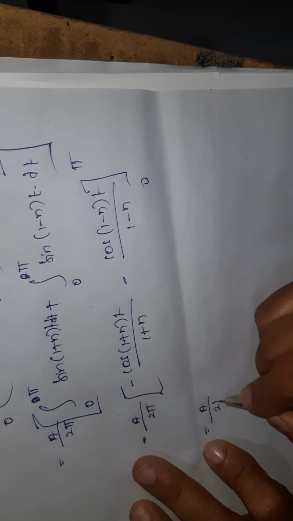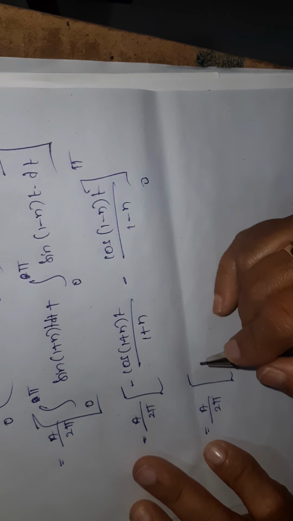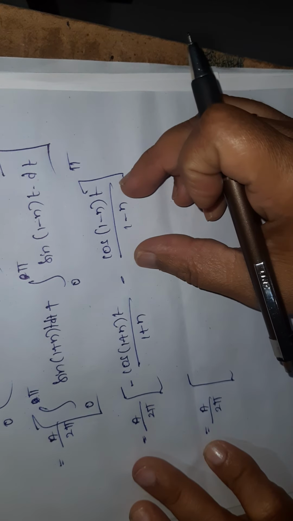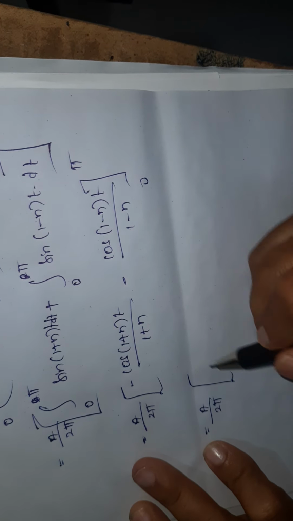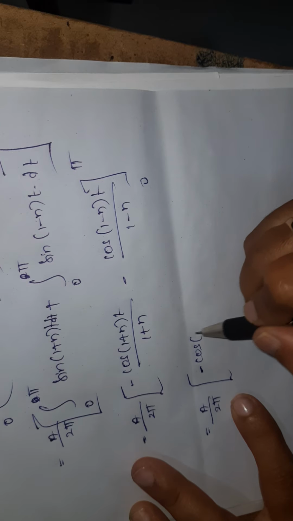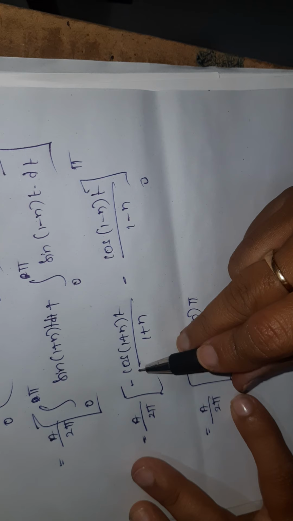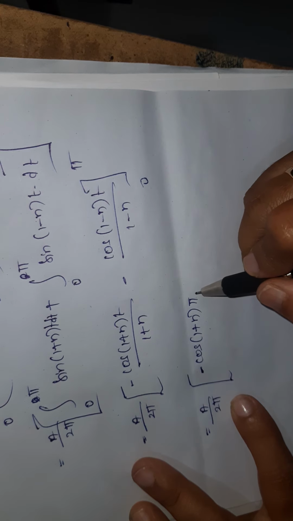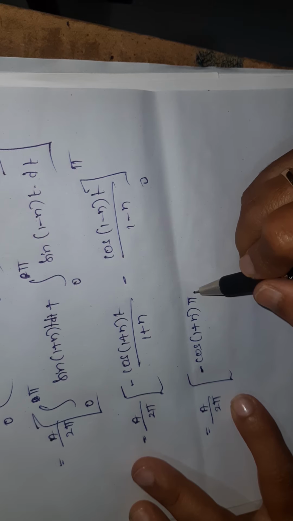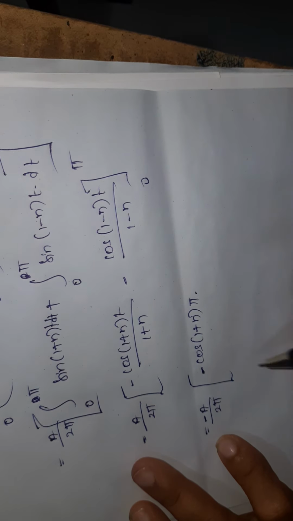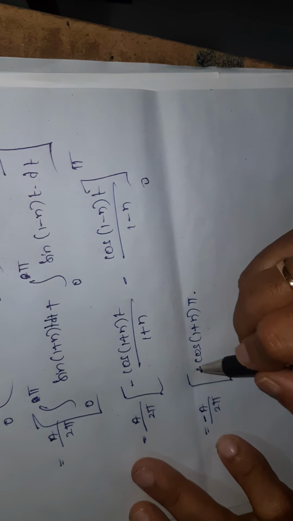So a by 2 pi. So here I am applying the limits for this. Next I am applying the limits for this. So pi to 0. So minus of cos of 1 plus n into pi, right? Again I am having minus of minus will become plus, or I can take out minus common here.